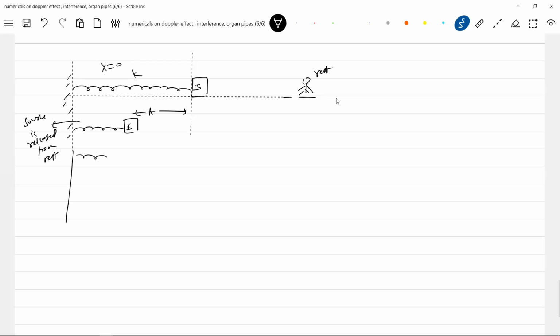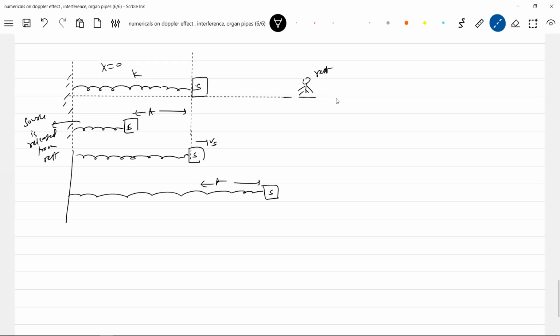So when the source arrives at the mean position, it will have velocity Vm like this. It will be moving and generating a wave. Similarly, when the source comes back the other way and arrives at the mean position, what is Vs equal to?